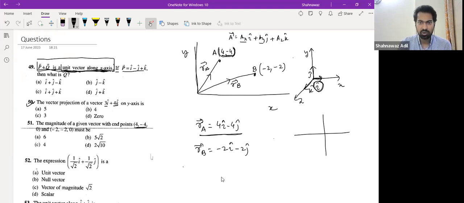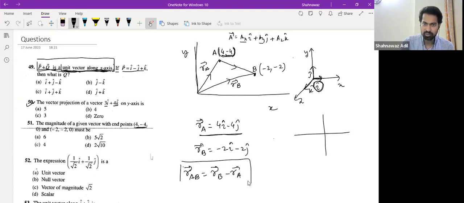Okay, so the displacement would be this way. This would be AB, right? So RAB would be this vector minus this vector.